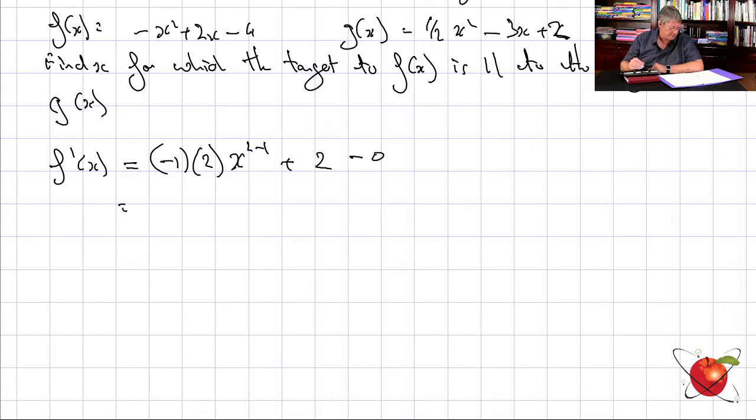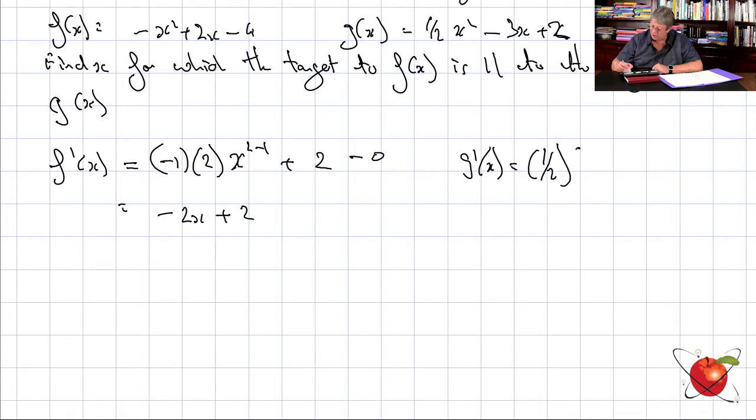So f prime of x is going to be equal to minus 2x plus 2. What about g prime of x? This is the other one we've got. So I'm going to find the derivative of that. And g prime is going to be equal to a half times 2 times x to the 1, correct? Minus 3, which is then going to be x minus 3.